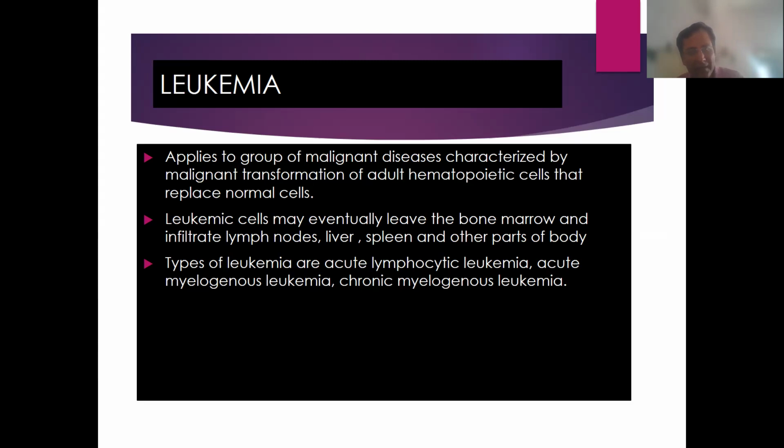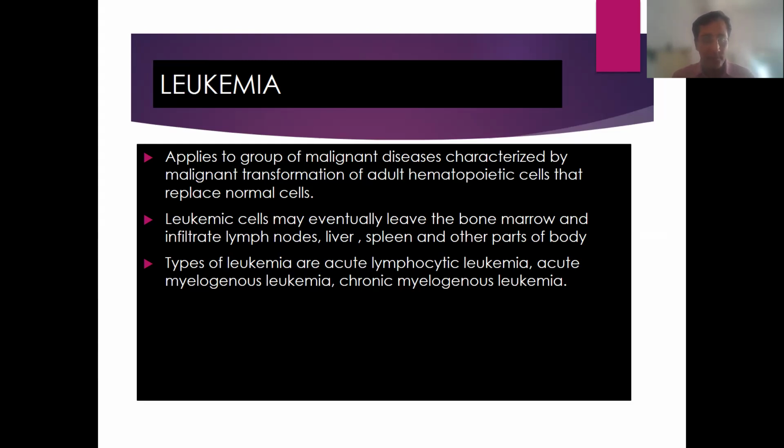Leukemia cells eventually invade the bone marrow and infiltrate the lymph nodes, liver, spleen, and other body cells. Types of leukemia are acute lymphocytic leukemia, acute myelocytic leukemia, and chronic myeloid leukemia.